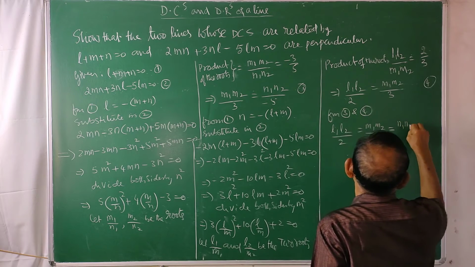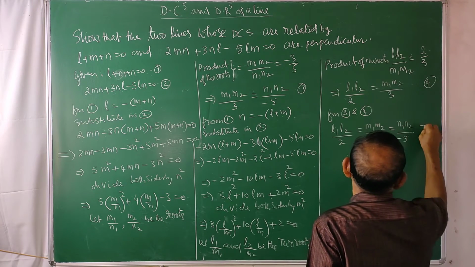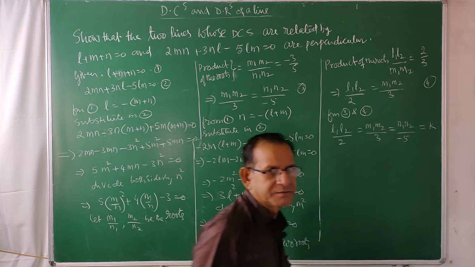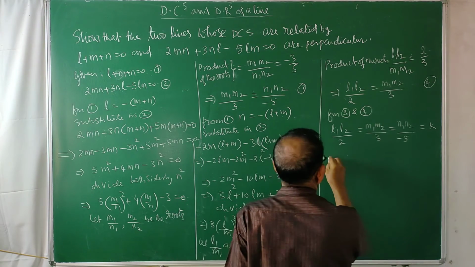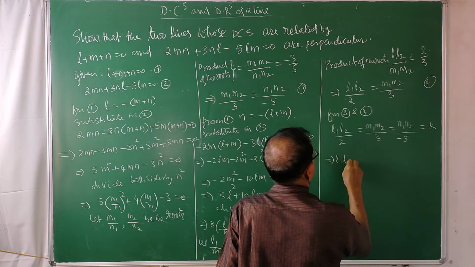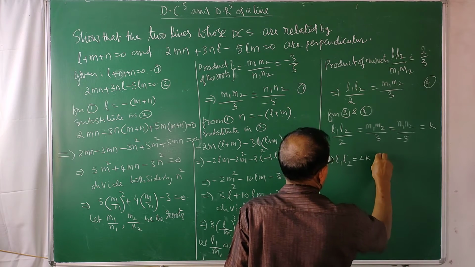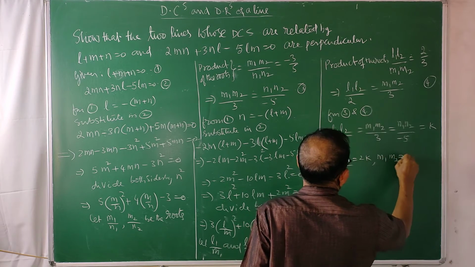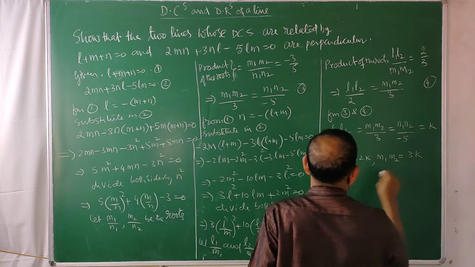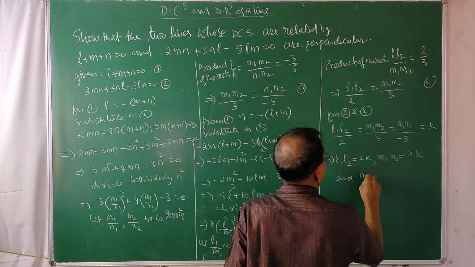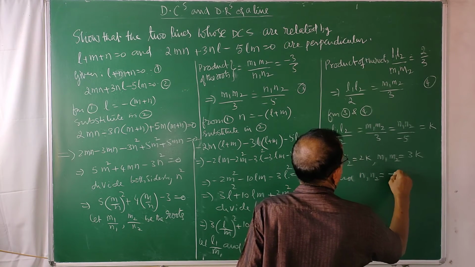Let us take each one equal to K. That implies L1 L2 is equal to 2K, M1 M2 is equal to 3K and N1 N2 is equal to minus 5K.